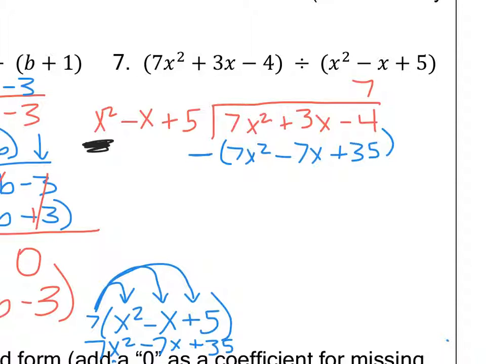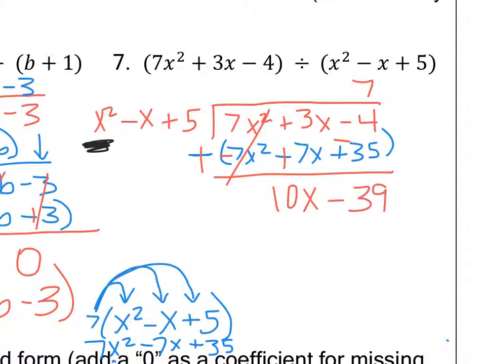So what that really does is we're going to change it to addition and change the sign of everybody inside the parentheses. So now I've got 7x squared plus negative 7x squared, those cancel. I got 3x plus 7x is 10x. I got negative 4 plus negative 35 is negative 39.